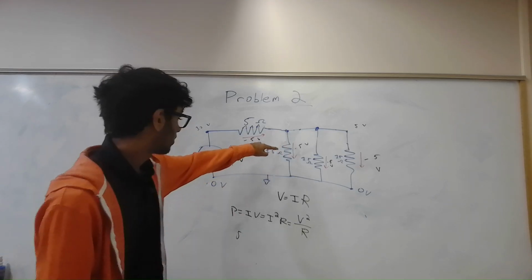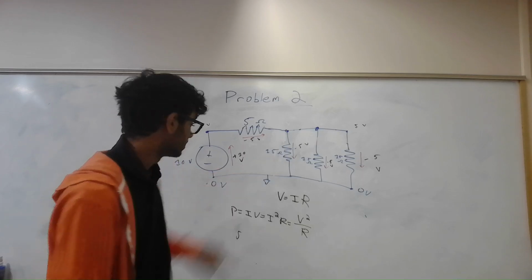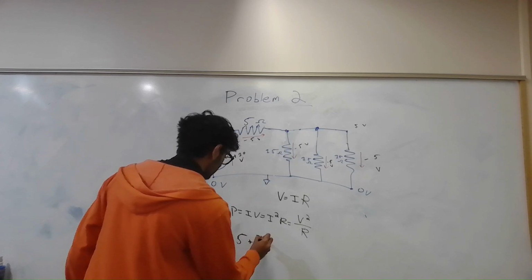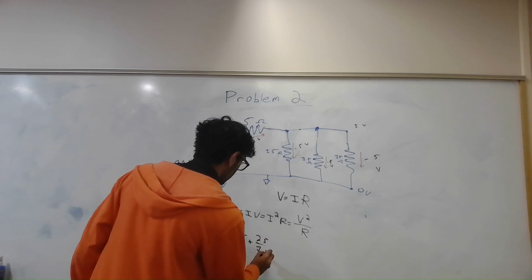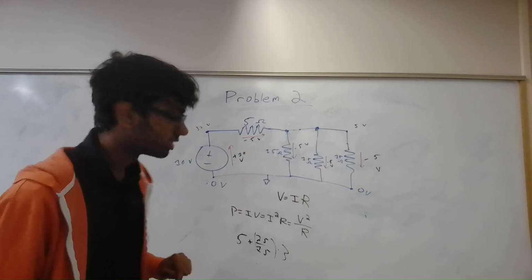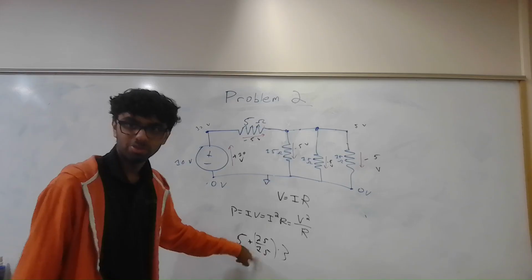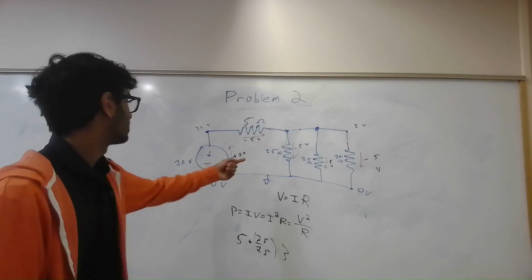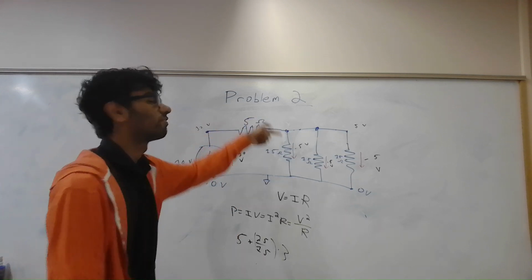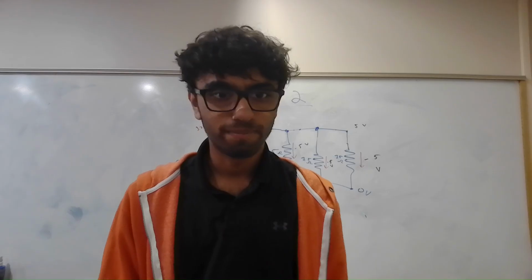Here, V squared over R is 25 over 15. So 5 plus 25 over 15. I'm just going to do that times 3, because that's the same for these 3 branches. That gives us 5 plus 5, which is 10 watts. And clearly, there's 10 watts supplied by that battery because we calculated there's 1 amp flowing through that resistor. We did the same thing in the previous problem. I cover it more in detail there.